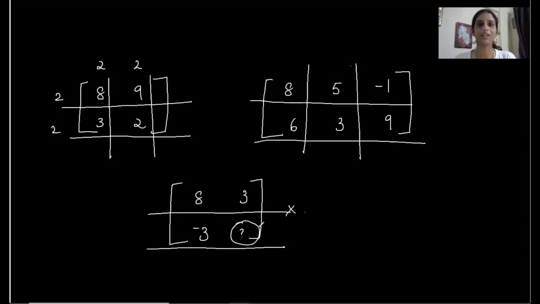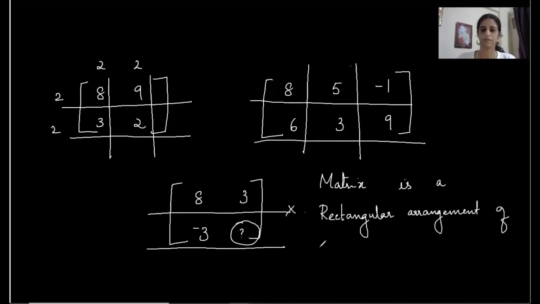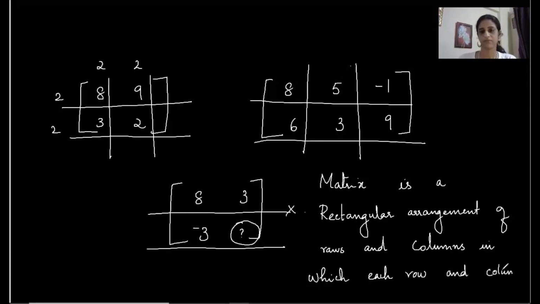So this is not a matrix. A matrix is a rectangular arrangement of rows and columns in which each row and each column has the same number of elements.